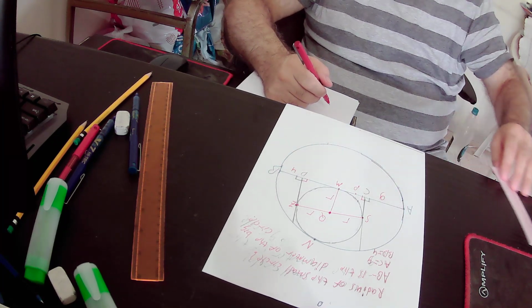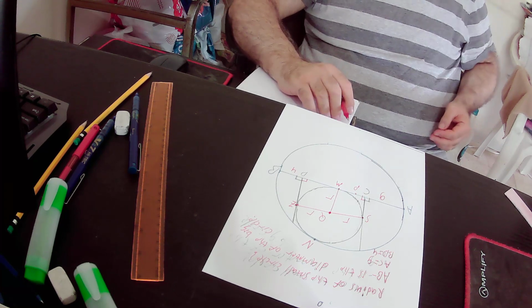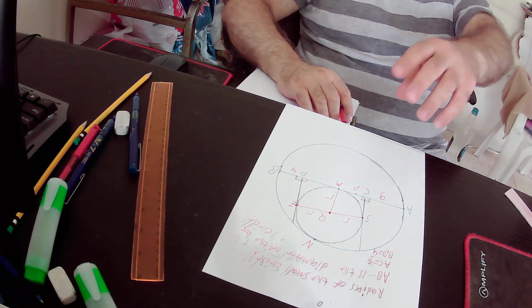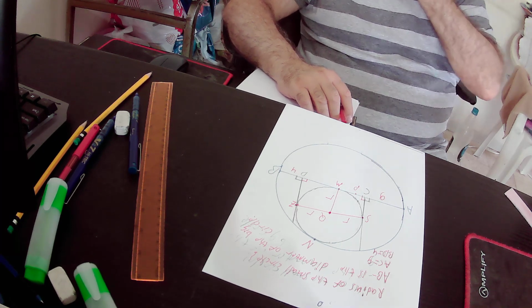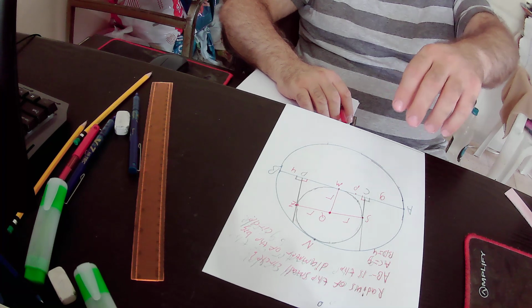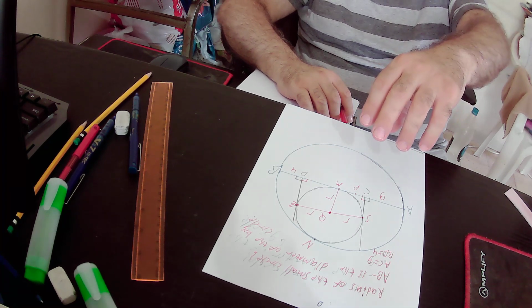Okay, so we have three radiuses that are drawn to the contact points of this circle.